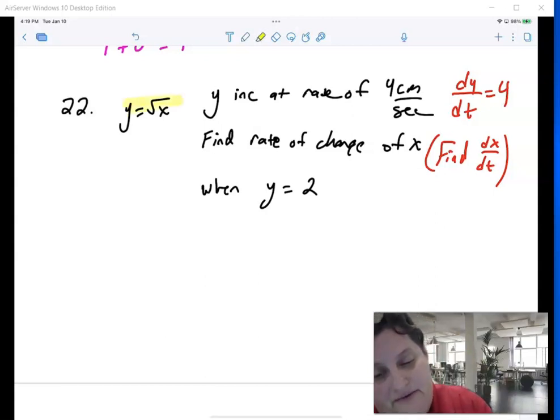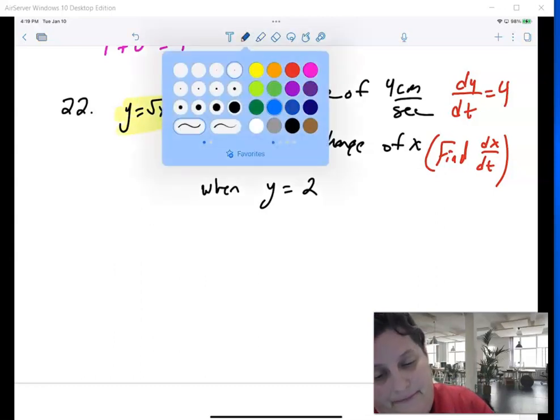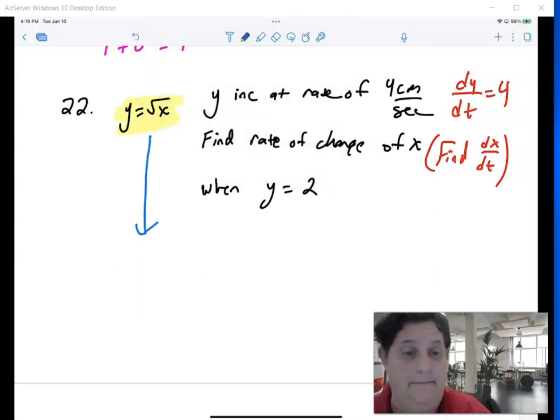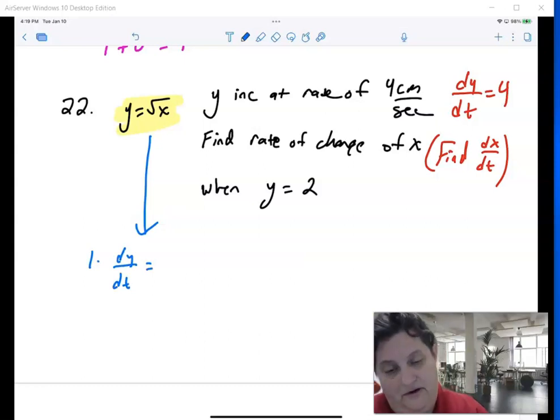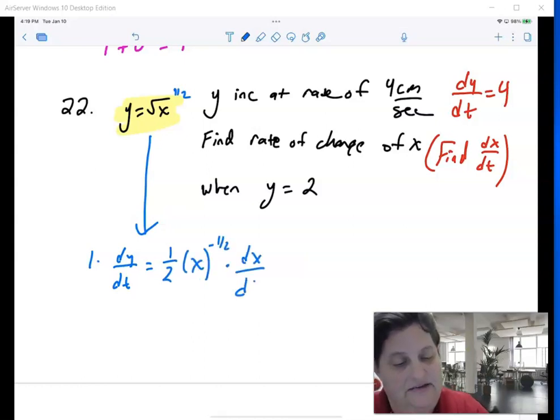I'm going to take this and I'm going to take the derivative of it with respect to time. Derivative of y is 1 dy/dt. The derivative of the square root of x, remember this is x to the 1/2, is 1/2 x to the negative 1/2 dx/dt.